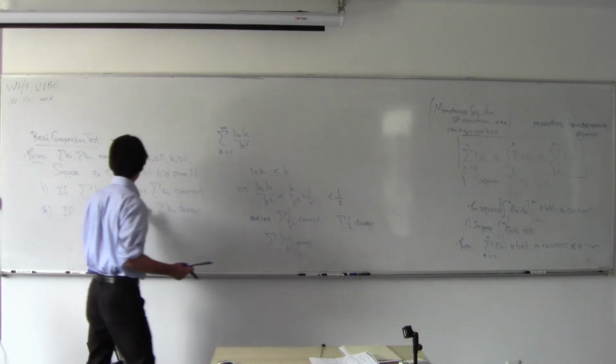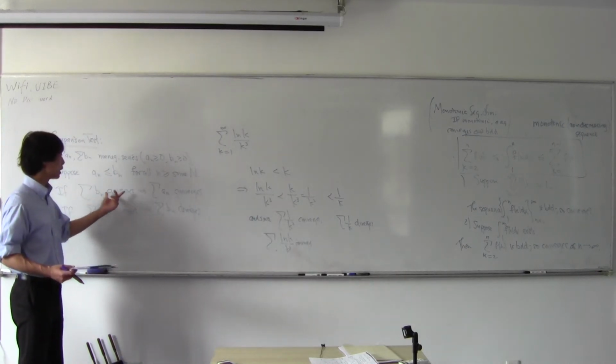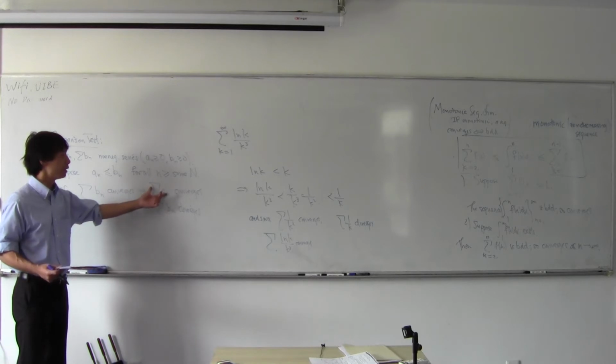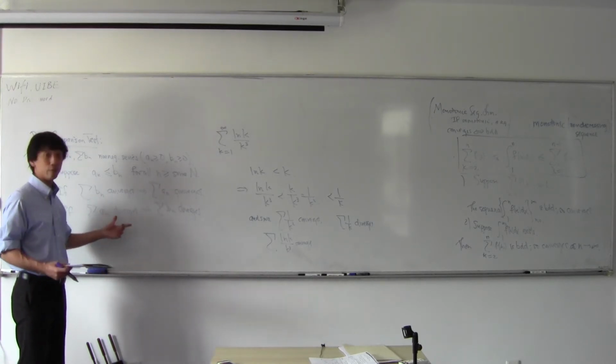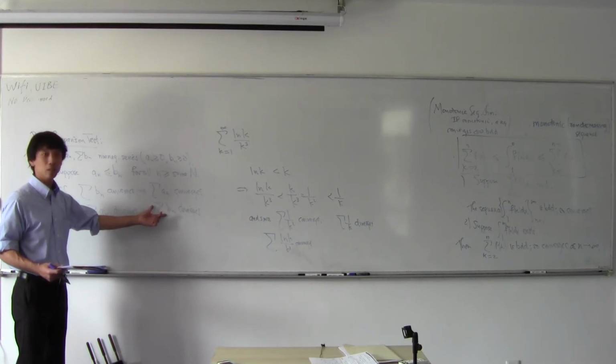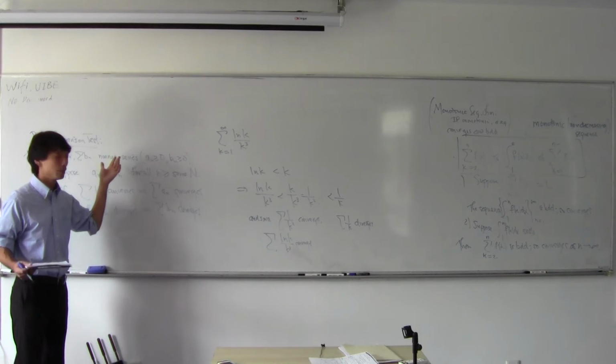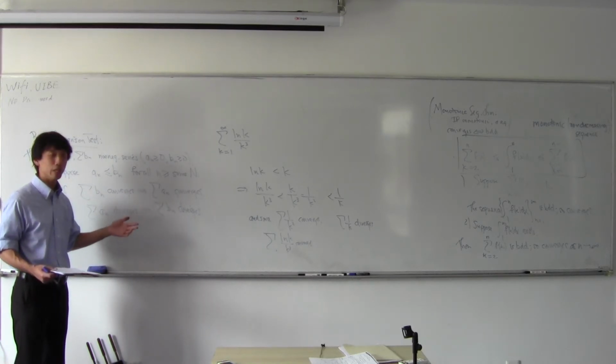You need to find somebody bigger that converges. If you find somebody bigger that converges, that helps you. That gives you information. If you find somebody smaller that diverges, then that gives you information. But finding somebody bigger that diverges doesn't tell you anything. Finding somebody smaller that converges also doesn't tell you anything.